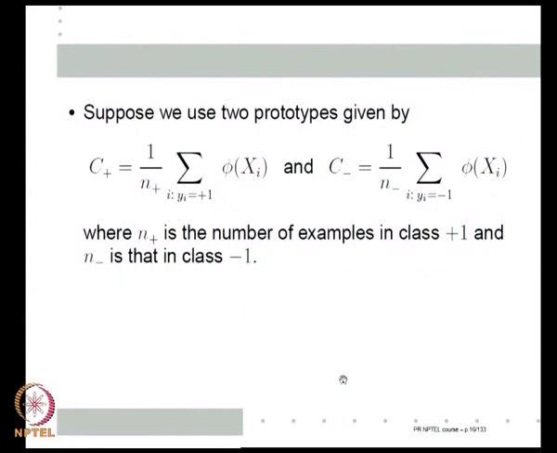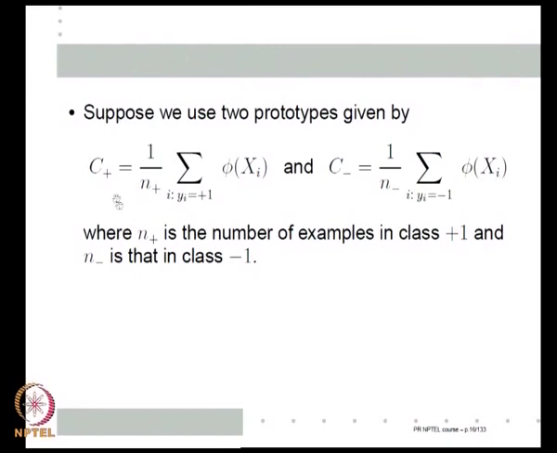Okay. So, let us say we use only 2 prototypes, we call them C plus and C minus. C plus is 1 by n plus, summation of phi xi, where i is such that yi is +1. So, n plus is the number of examples of class +1, similarly n minus is the number of examples of class -1.